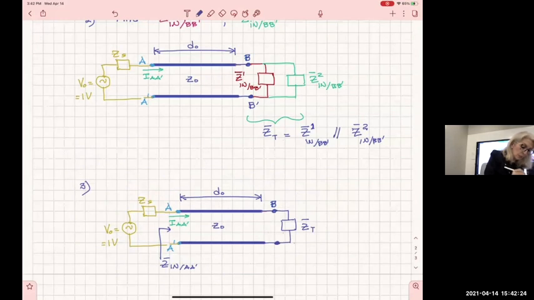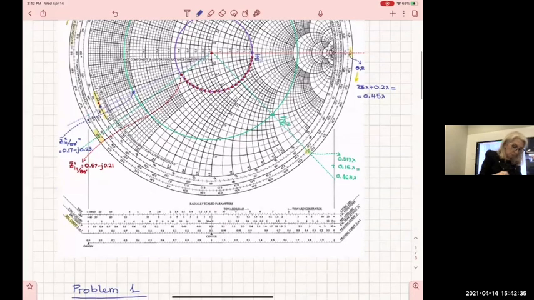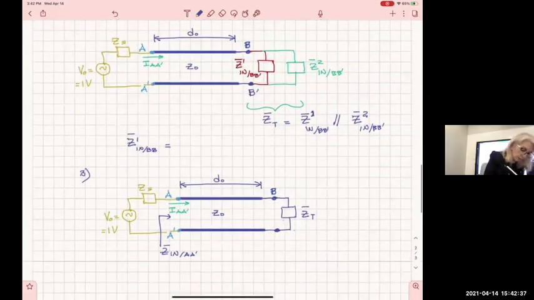So I found that Z input at B prime 1 is, according to this, 0.57 minus J 0.21.